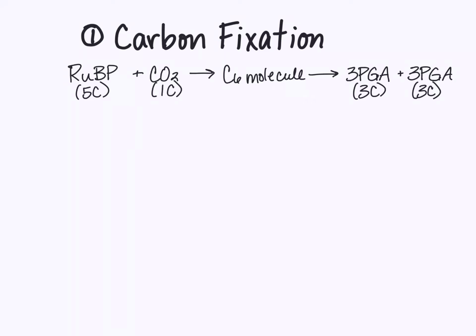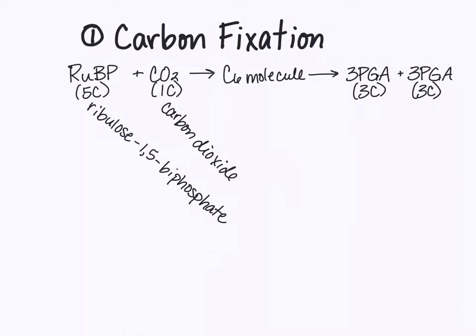Now, RUBP stands for ribulose 1,5-bisphosphate. But as long as you know RUBP, that is all you need to know for the sake of this course. As a reminder, CO2 stands for carbon dioxide.